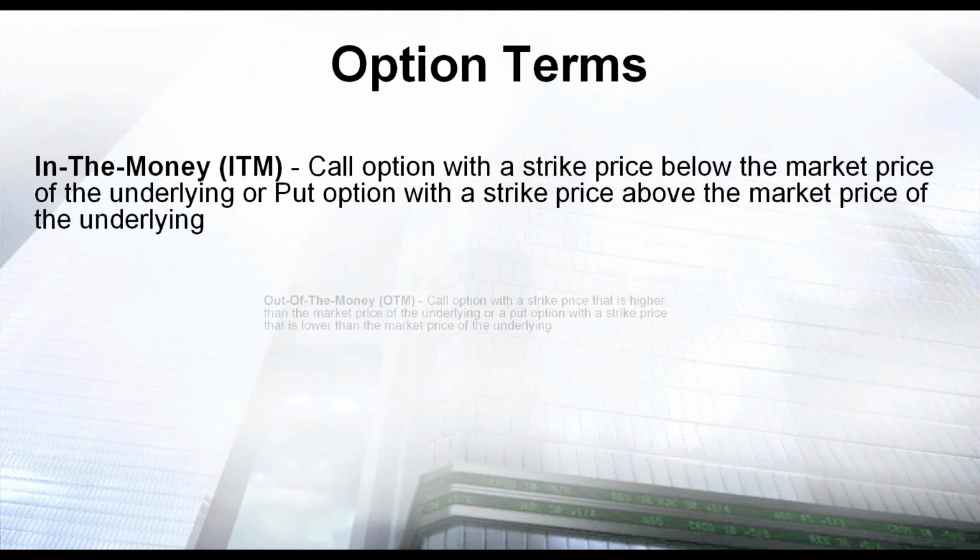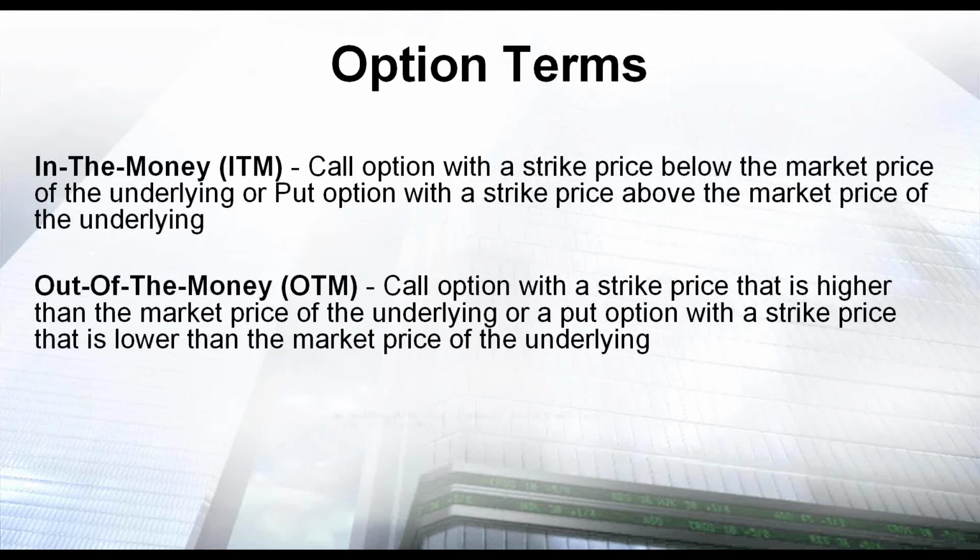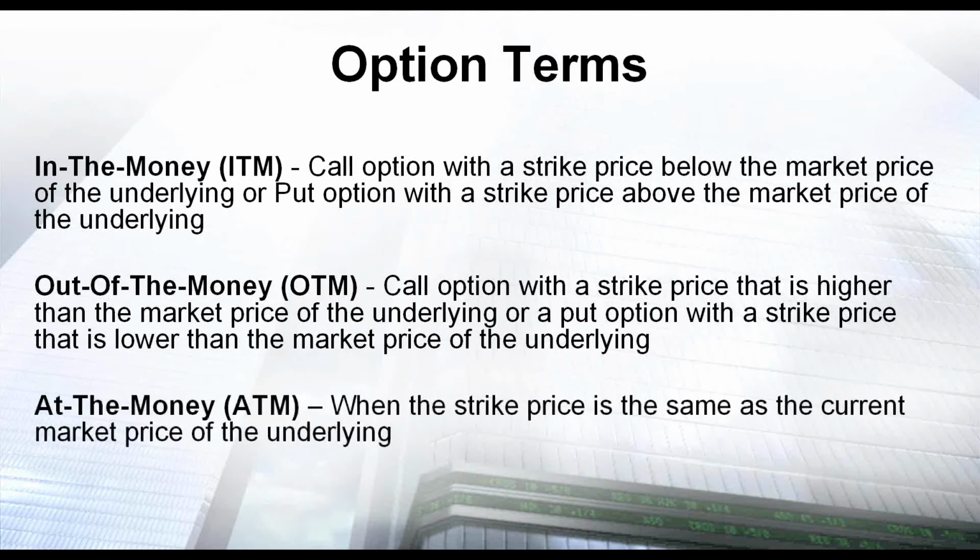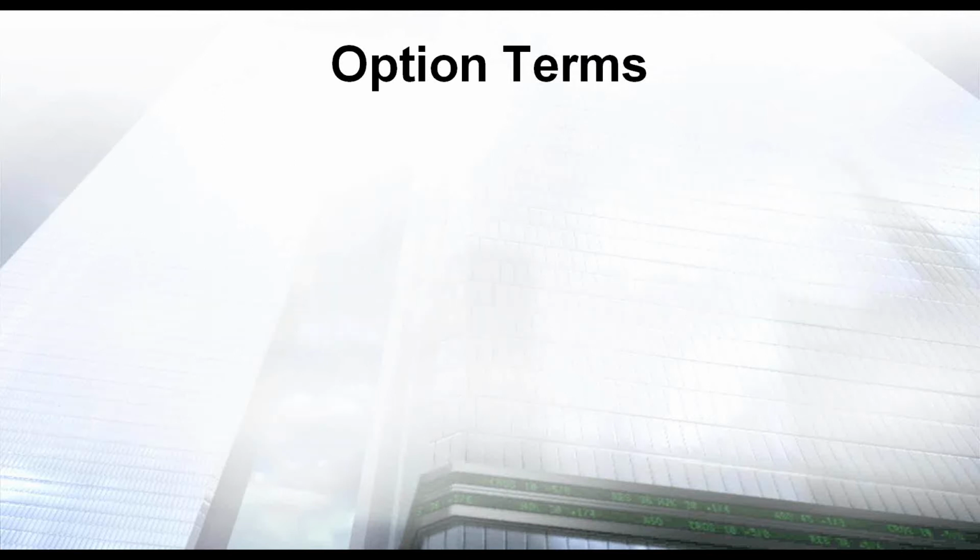Out of the money is the opposite, when you have a call option strike price that's actually higher than the market price, or a put option strike price that is lower than the current market price. At the money means that your strike price is very close to or right at the same price as the current market price of the underlying.